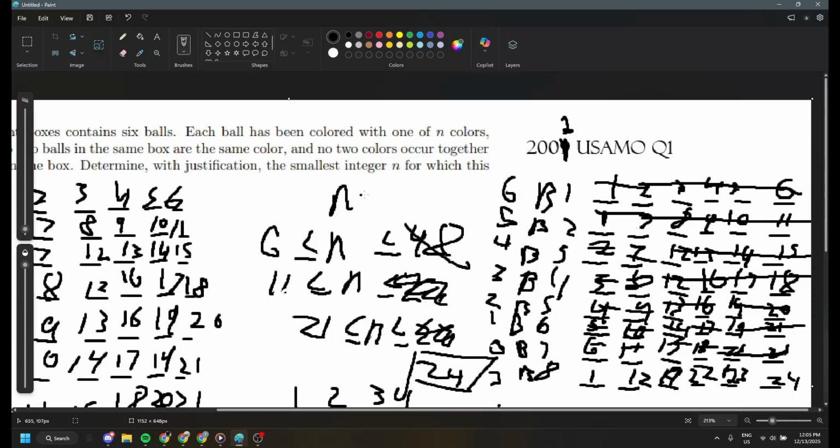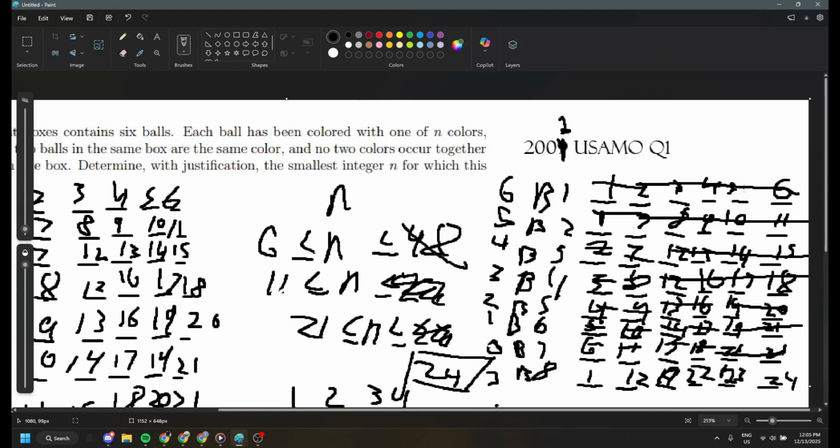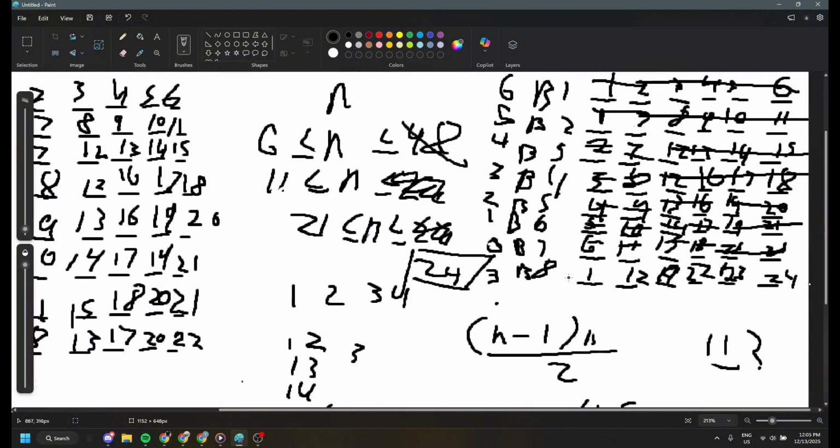And since there are no pairs that occur together in more than one box, none of these can occur. We do the same thing. We can choose 2 numbers here, and then once we get here, we don't have to choose any, and we get a free row. And then this last one, we can choose 3 numbers by eliminating all the other numbers, choosing arbitrary numbers, and then we have to choose 3 more. So our answer is 24.